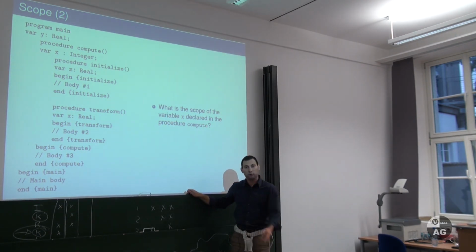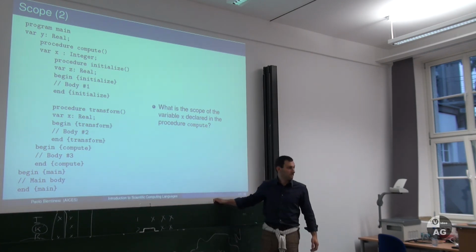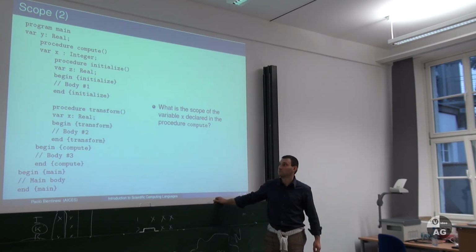Anybody believes that it can be used in the main body? You think so? No? You think so? No. You have a question? Is it important that the variable x has the data type integer in procedure compute and then the data type real in the procedure transform?